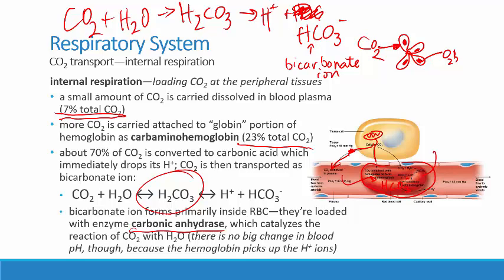So CO2 will diffuse into the red blood cell, carbonic anhydrase will facilitate that reaction, and we produce lots and lots of bicarbonate ion and lots of the hydrogen ions as well. But, you know, proteins are just all purpose. They can also pick up those hydrogen ions too. So the blood inside the red blood cell doesn't get super acidic. It gets buffered by the hemoglobin molecule.